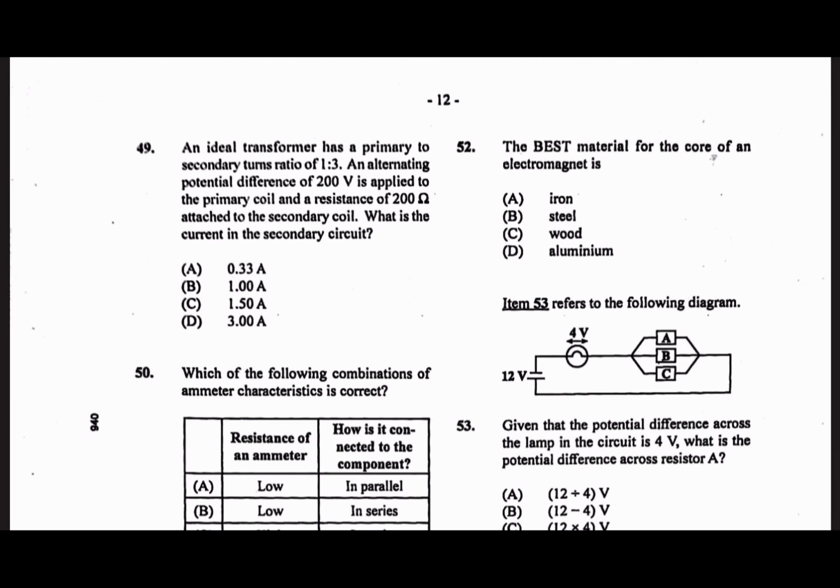An ideal transformer has a primary to secondary turns ratio of 1 to 3. An alternating potential difference of 200 volts is applied to the primary coil, and a resistance of 200 ohms is attached to the secondary coil. What is the current in the secondary circuit?